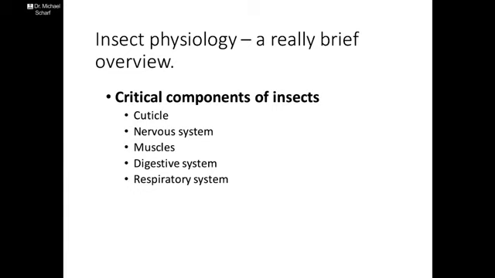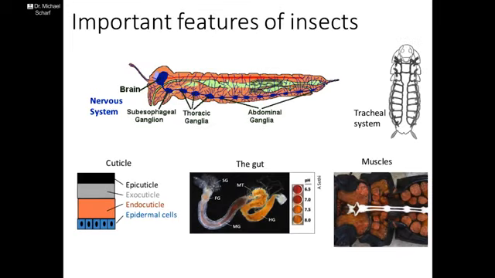I wanted to start by just covering these critical components of insects. There are some things that are good to have a handle on before we dive into the topic of how the insecticides actually work. Here I have some really important features of insects. If you take an entomology course, of course, you're going to learn all about these things right off the bat, so I thought this was a good place to start as well.